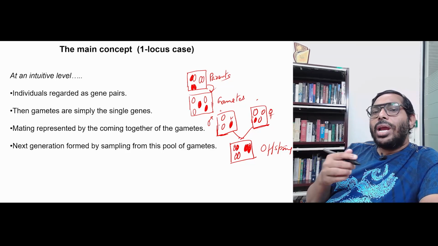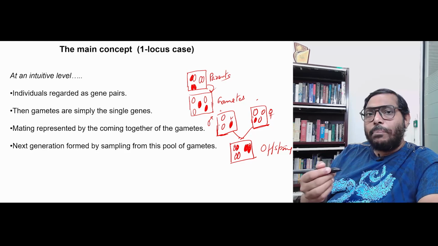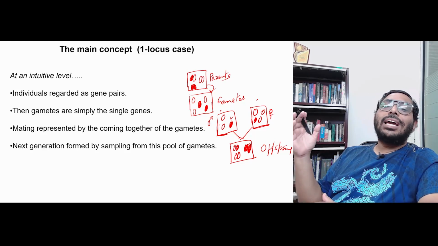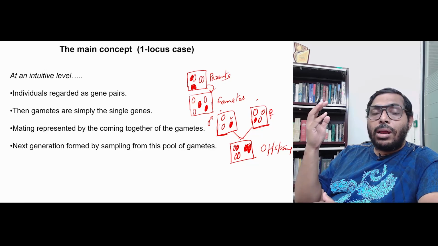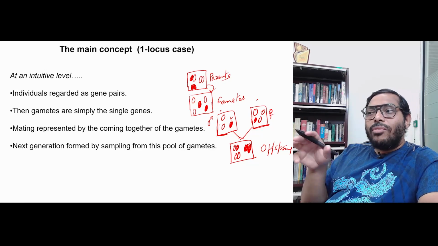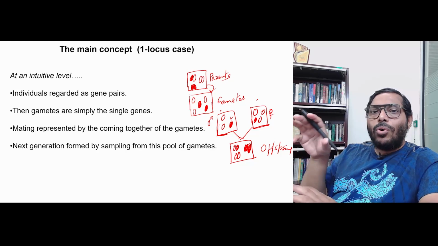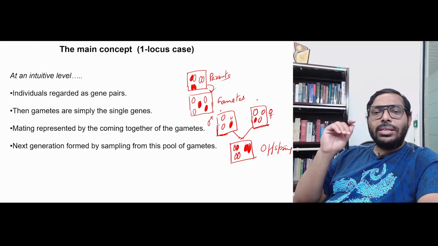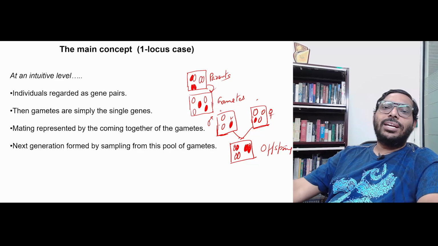And the moment you get into the domain of sampling, we have the entire mathematical tools of the science of probability available to us. And because we know a lot about how probabilities work, we can deal with all these things using the maths of probability. So, this is precisely what population genetics does.